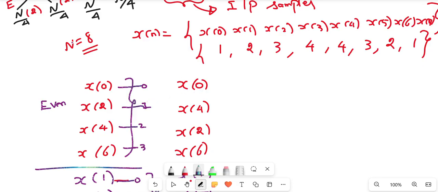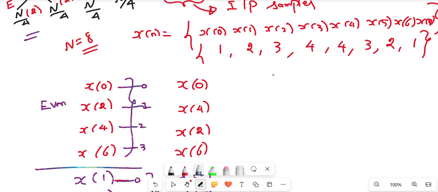This is the basic butterfly structure, the 2-point computation. The decomposition may be either decimation in time or decimation in frequency.